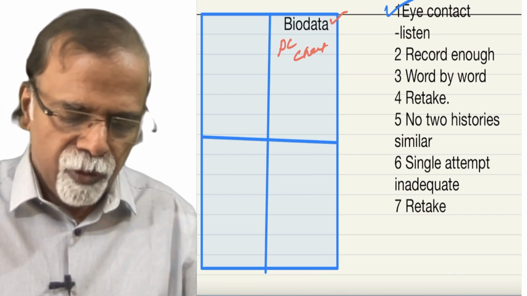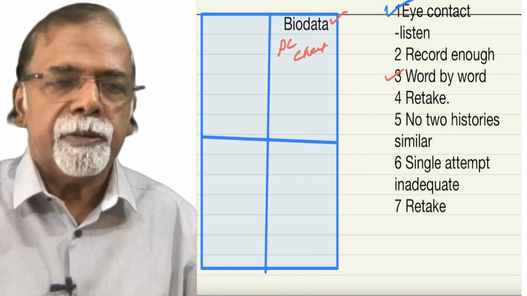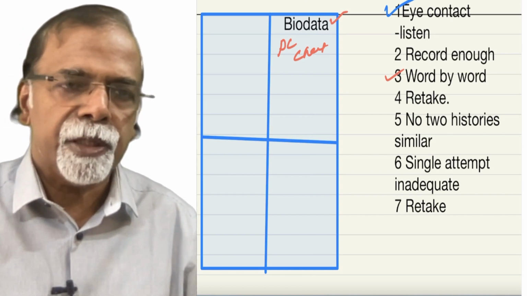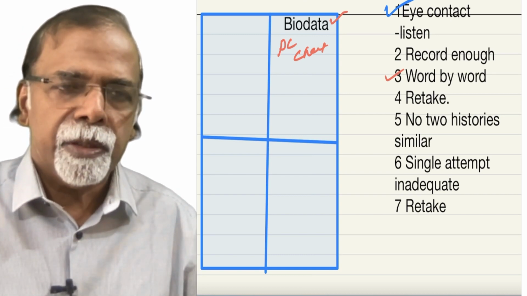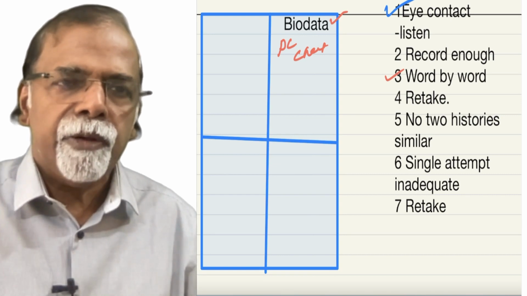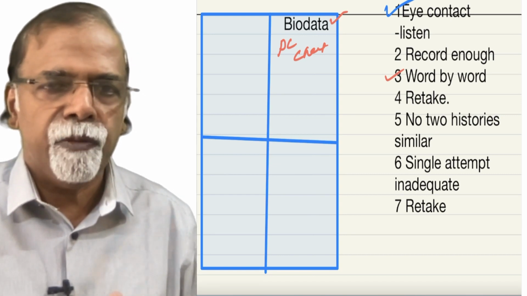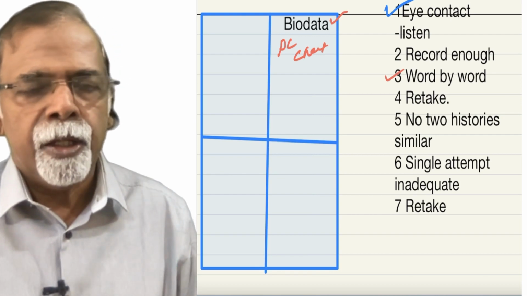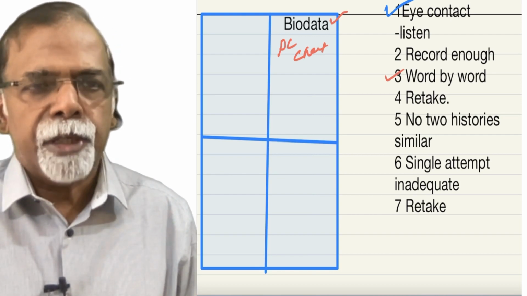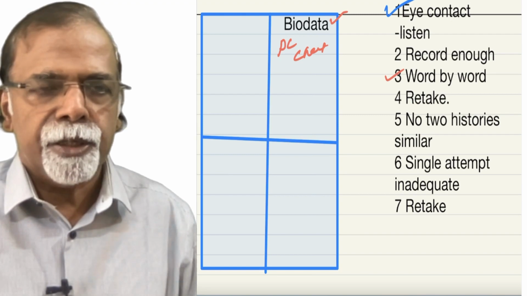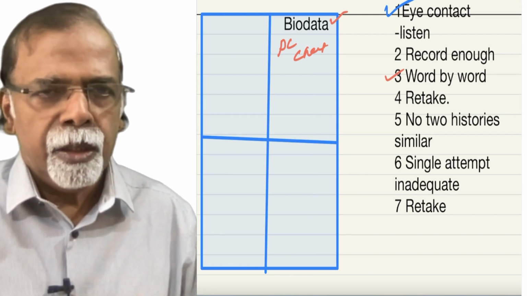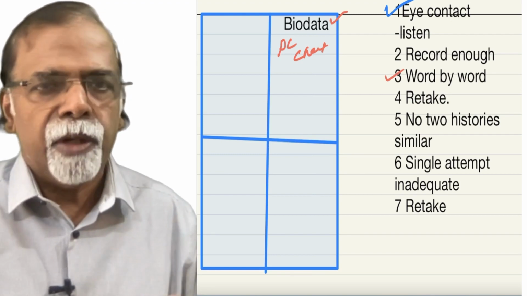And this should be recorded word by word. So what the patient says, suppose the patient is telling, I have got the dizziness, you write down as dizziness. So what is the complaint? It can be verbatim, word by word, because that has got a better meaning at a later time. So if the patient says it in a local language, you write it down like that.